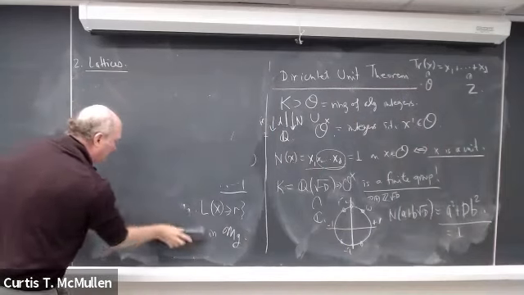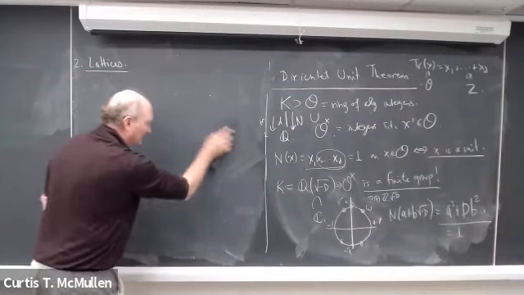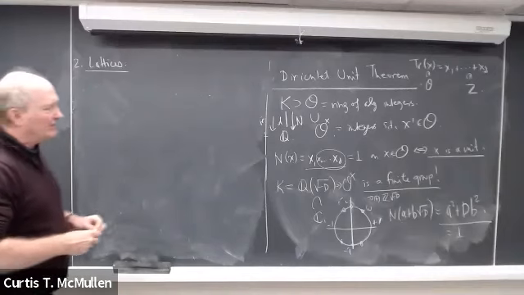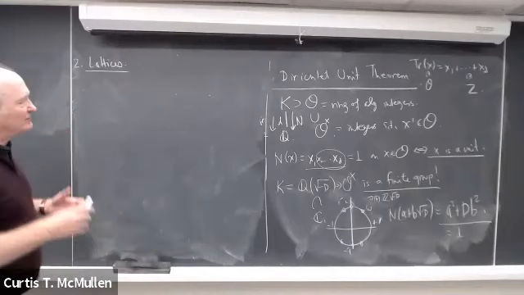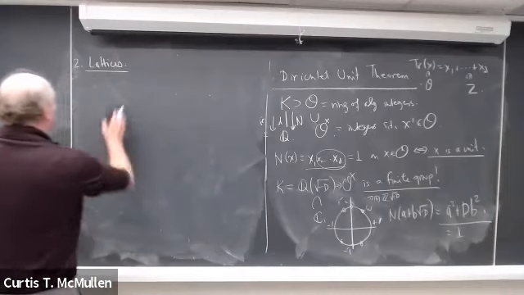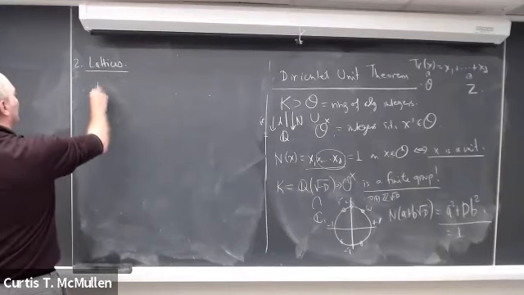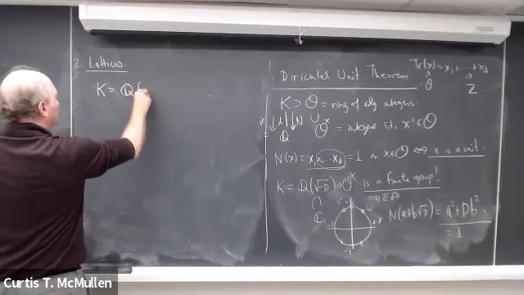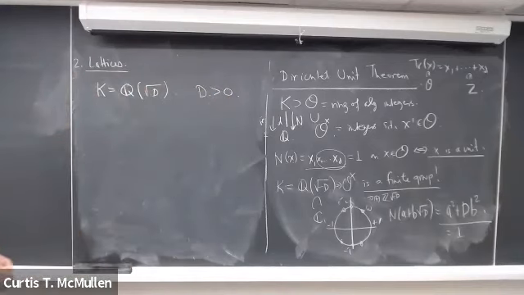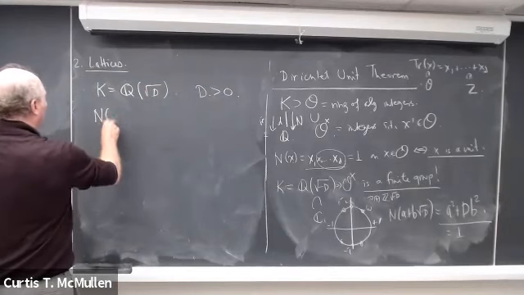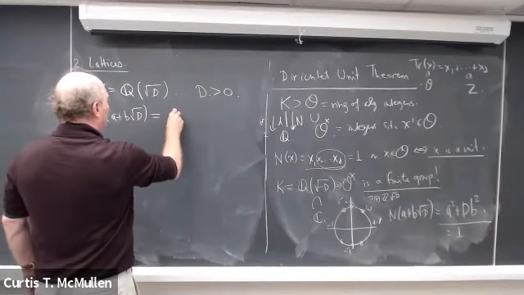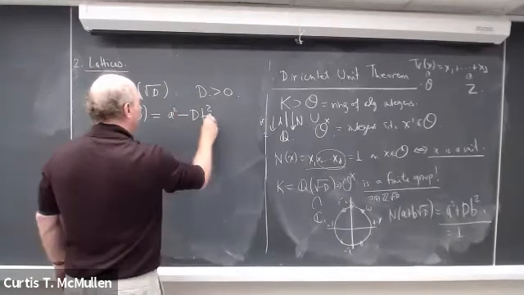So Dirichlet's unit theorem tells you, more generally, how many units there are in a given field. And what I draw attention to for our considerations is what it says for real quadratic fields and how this is related to lattices. So for K equals Q adjoin the square root of plus d, with d positive now, we have that the norm of a plus b square root of d is a squared minus d b squared.